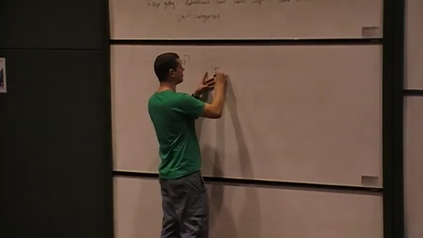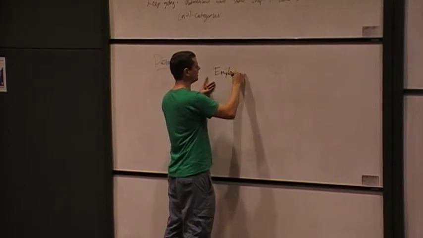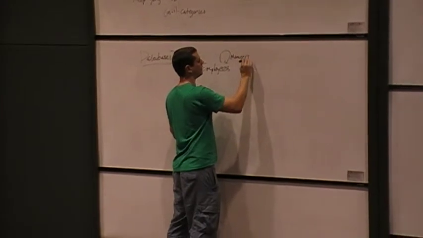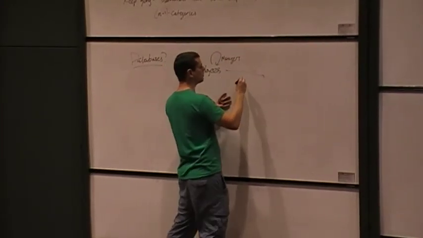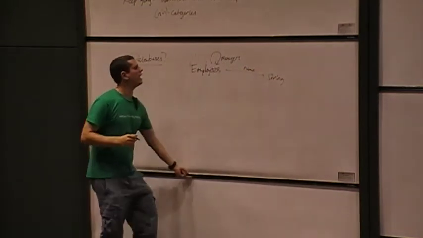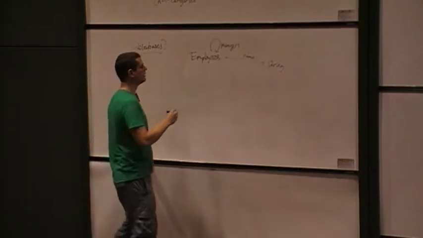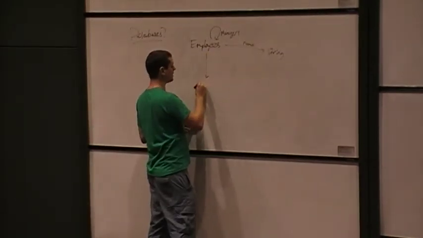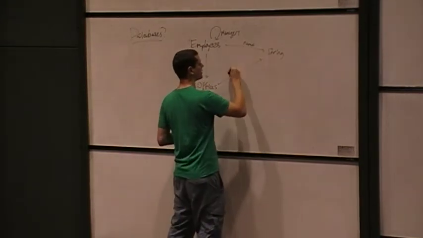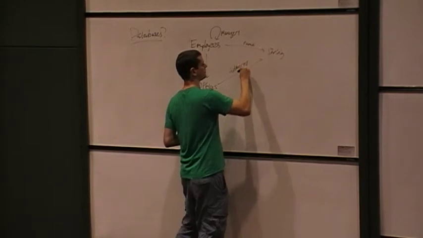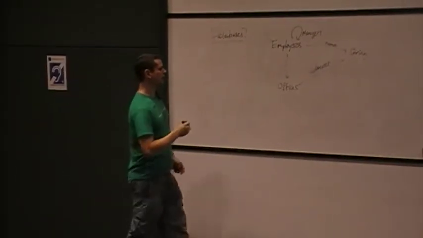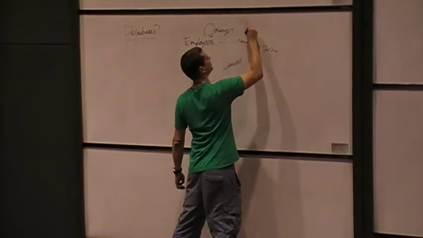So you have a bunch of employees, and employees all have managers, and they all have names, and I guess employees all have offices, and offices have addresses, and I guess employees may have dates of birth as well.